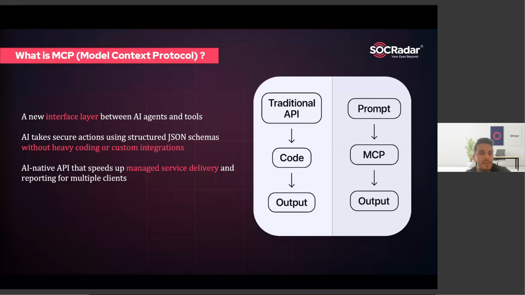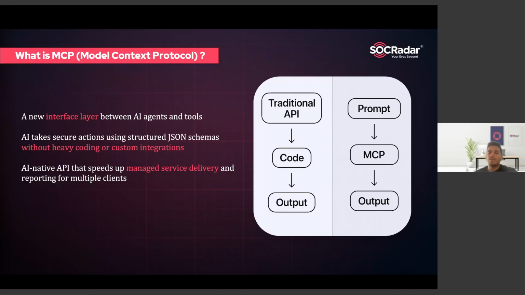It's like a new interface layer between AI agents and tools. MCP is going to be the bridge here. It's going to connect AI agents directly to the tools, in this case SOCRadar, which I'm also going to explain soon. It uses structured JSON, which is secure and standardized, but you don't write any of it.